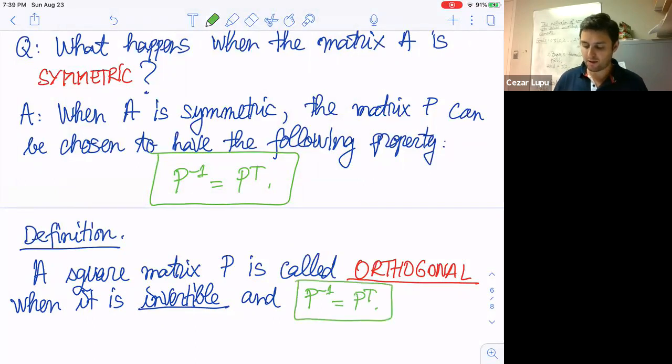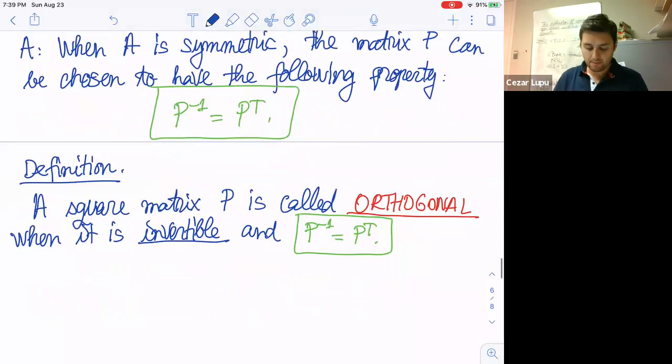Keep that in mind. That's what it means for a matrix to be orthogonal. That's the definition, in fact. Let's see some examples.